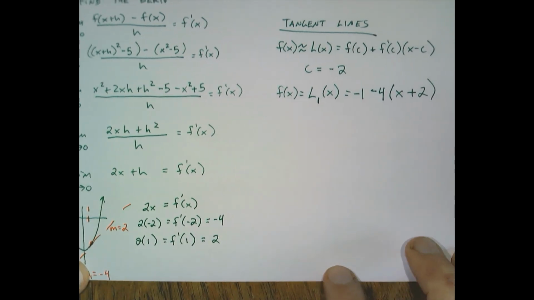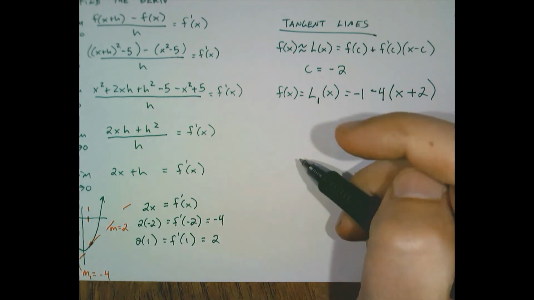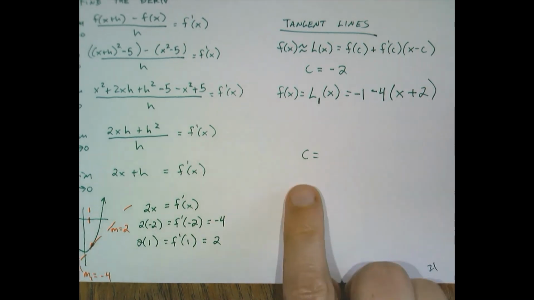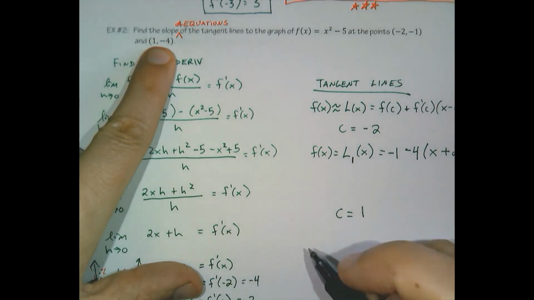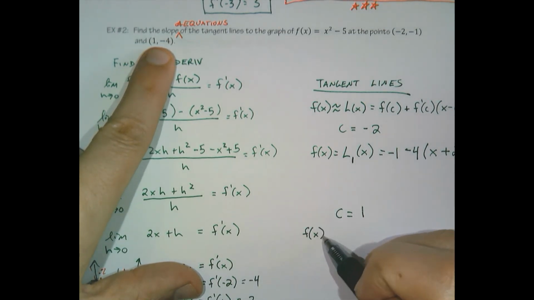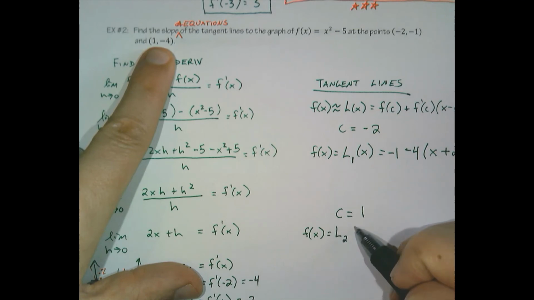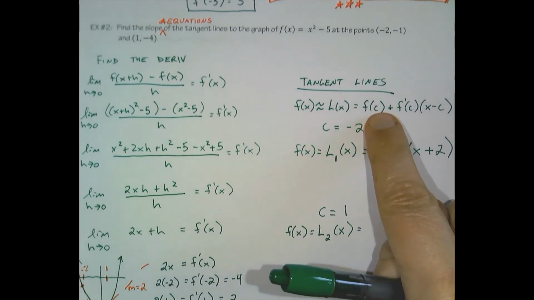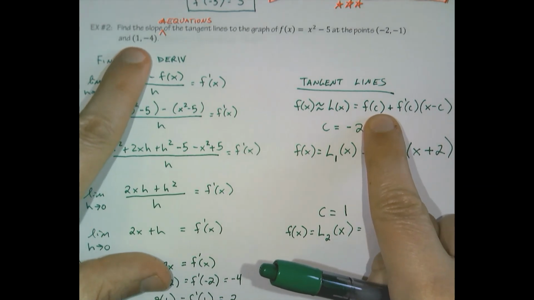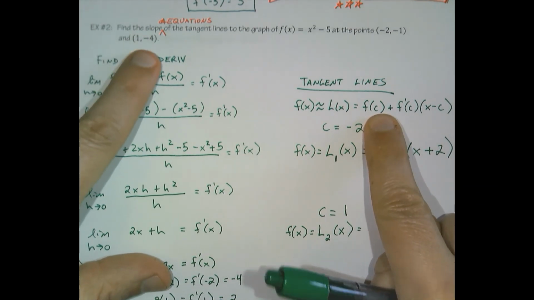Now we're going to do it for line 2, where our center is at 1. So I will call that line 2, L sub 2 of x. Well, what is our f of our center? That'd be f of 1, and they tell us f of 1 is -4.